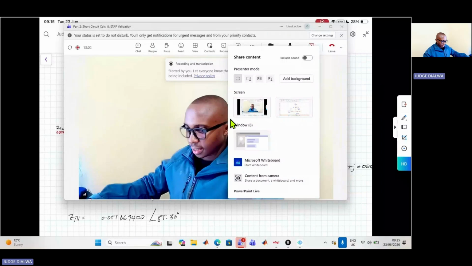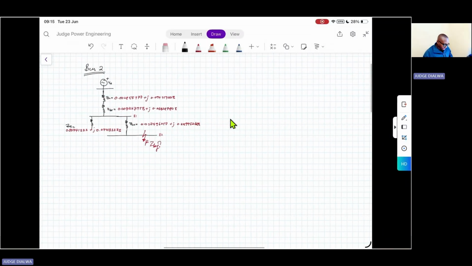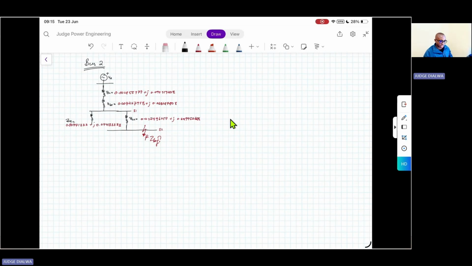Okay. Now, let's take another scenario. Let's add another equipment downstream. That is our unit transformer. What would then be the fault current magnitude at bus B2 when we have the utility grid, the generator transformer, and the generator, as well as the unit transformer?